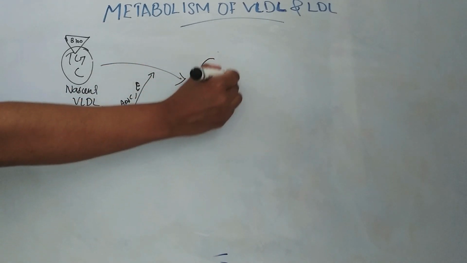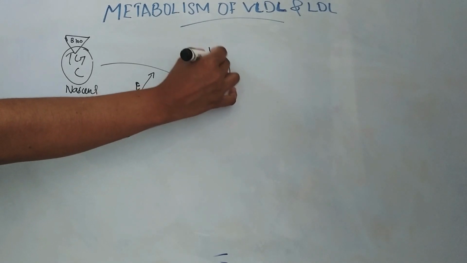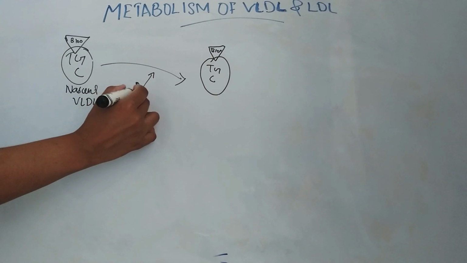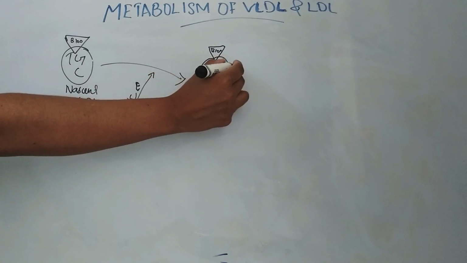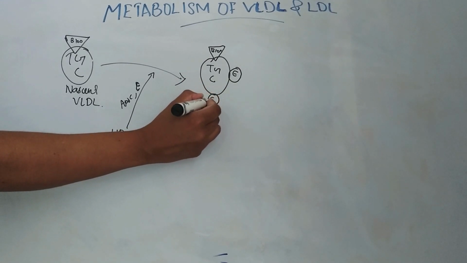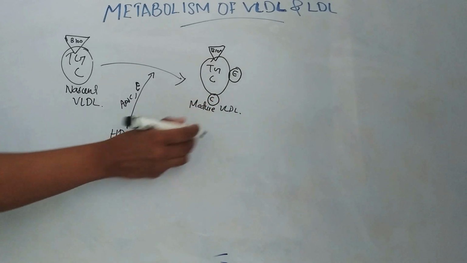That is, it will contain triacylglycerol, cholesterol, then ApoB100, then ApoC and ApoE. This is known as mature VLDL.